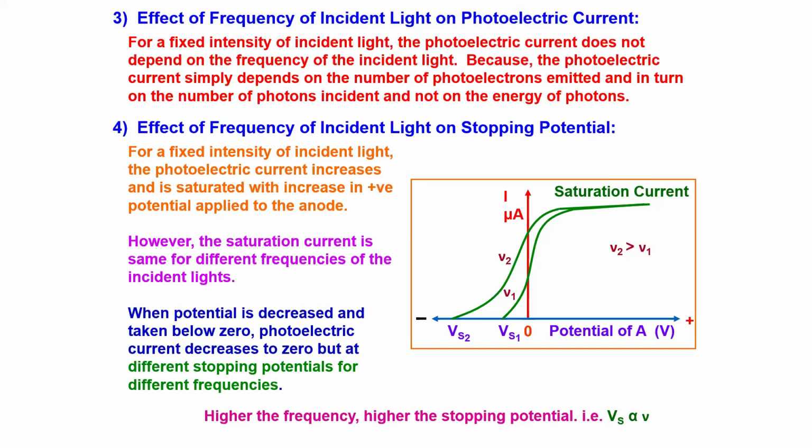The fourth point is about the effect of frequency of incident light on stopping potential. When the potential is decreased and taken below zero, the photoelectric current decreases to zero, but at different stopping potentials for different frequencies.